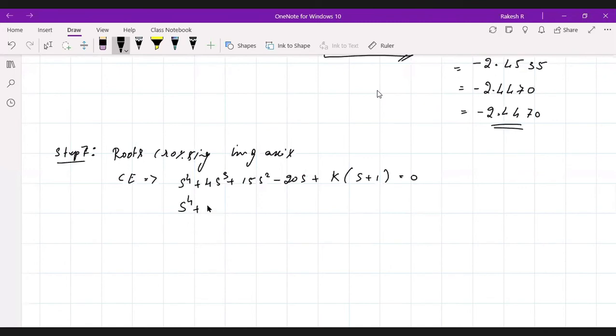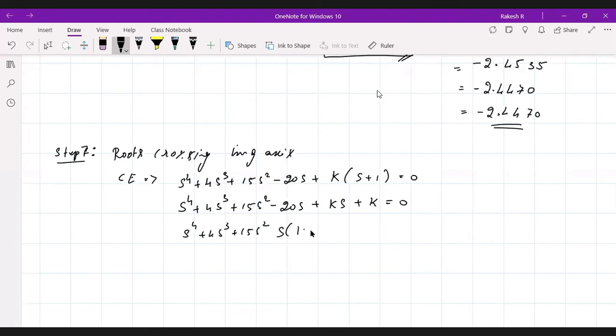S raised to 4 plus 4s cube plus 15s square minus 20s plus k into s plus k is equal to 0. This is s raised to 4 plus 4s cube plus 15s square, and then I'll be taking s common here.